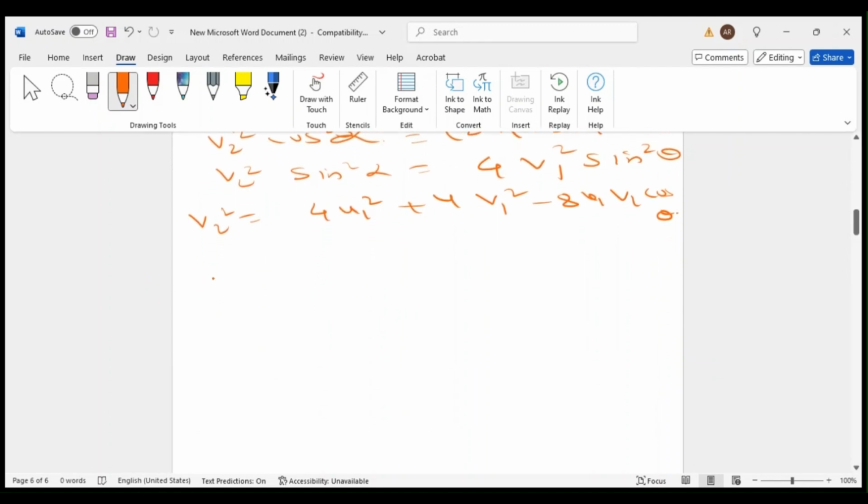Now from equation 3, we will get v2 square is equal to 2 u1 square minus 2 v1 square. Put the value of v2 square in this equation and solve. You will get the final value as u1 square plus 3 v1 square minus 4 u1 v1 cos theta is equal to 0.